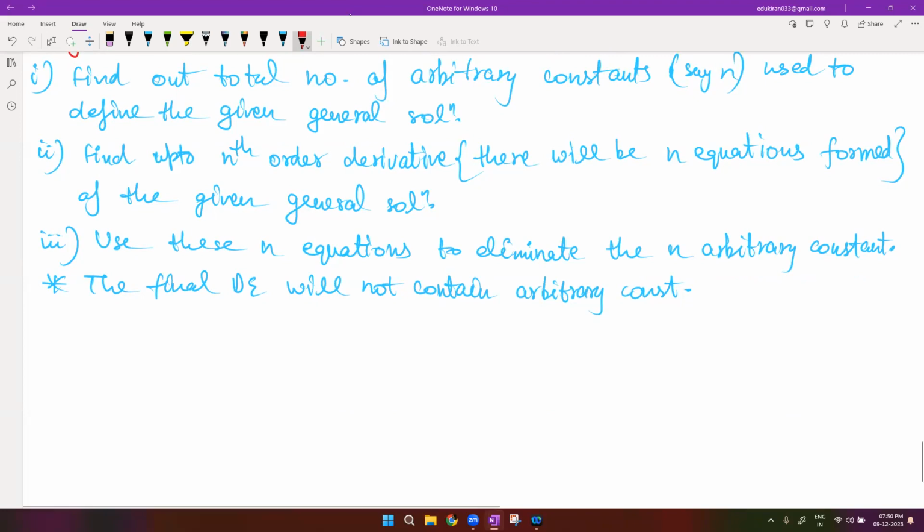Yeah, let's start with this. Form the differential equation representing the family of curves.